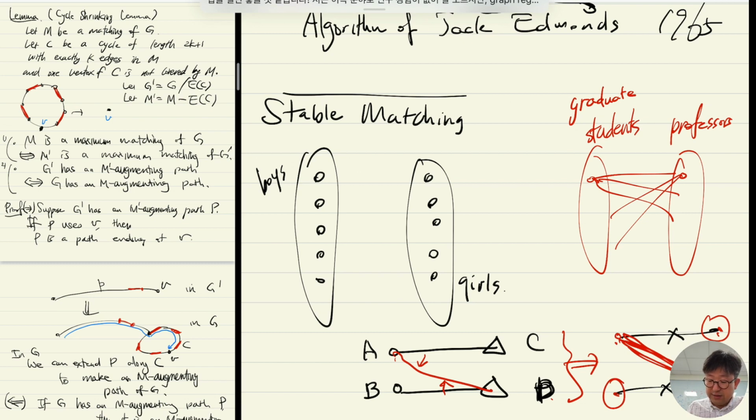And what ends up is a matching of smaller size, but both A and D are slightly happier than in the previous scheme.